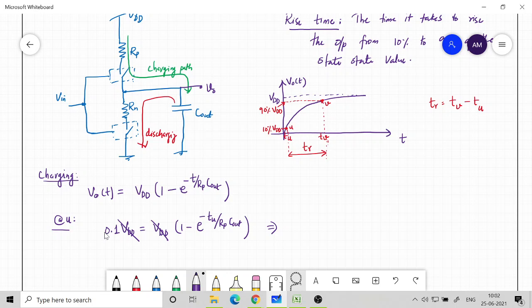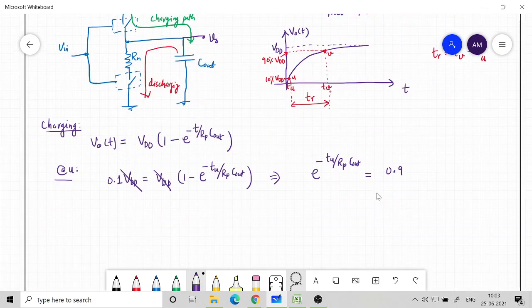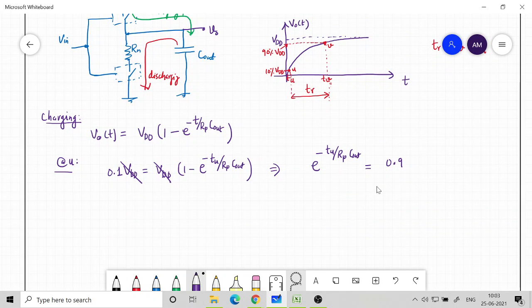If I take this exponential term to the left side, it will become plus, and the other term to the right side, so I will get e raised to minus TU by RP C out equal to 0.9, right? So 1 minus 0.1 is 0.9.